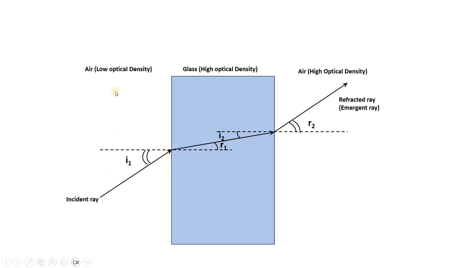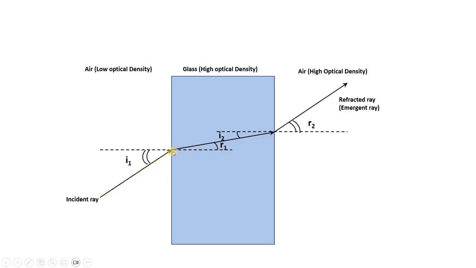This is just another example. If you take this white area as air, which is a low optical density, blue is a glass block, higher optical density, and again we've got air, which is low optical density.